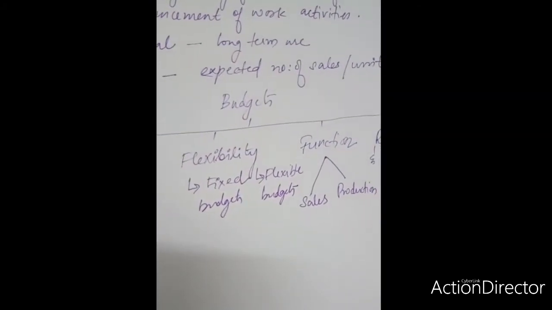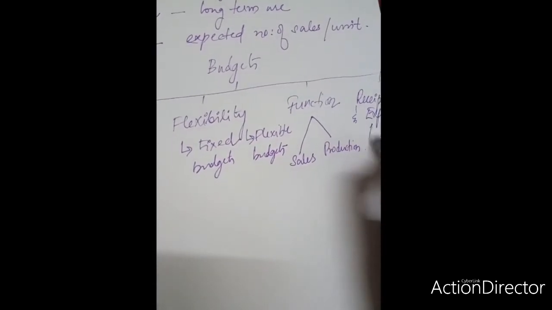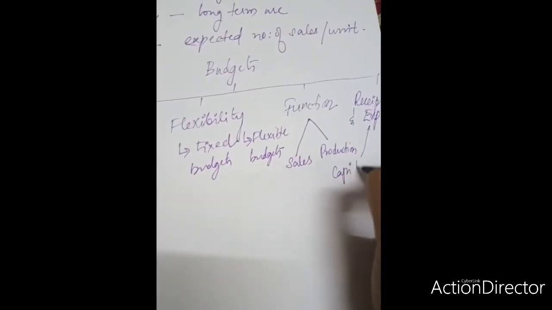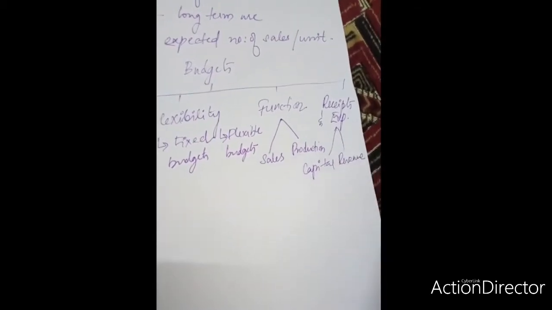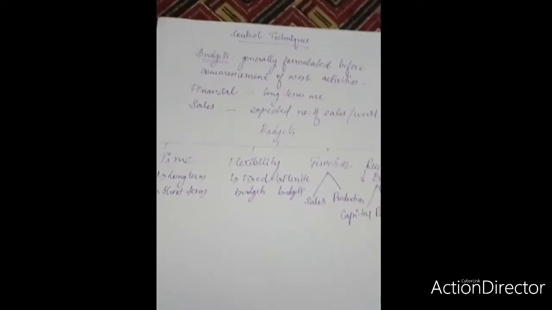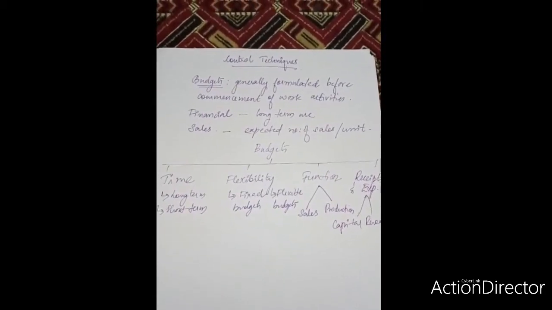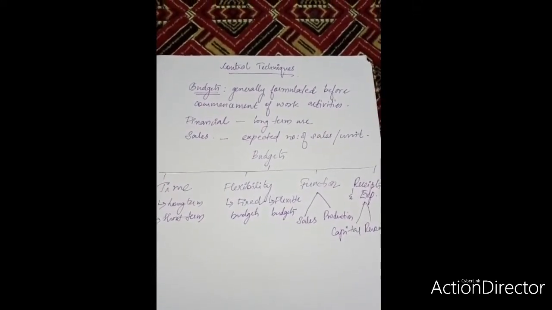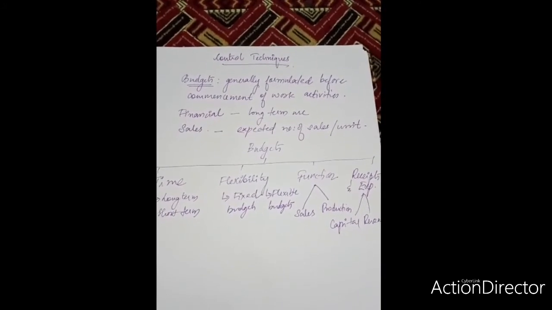Receipts and expenditure is divided into capital and revenue. Right. So these are the types of budgets, or the basis on which budget is classified, and the different subdivisions also. So that's all about budgets.